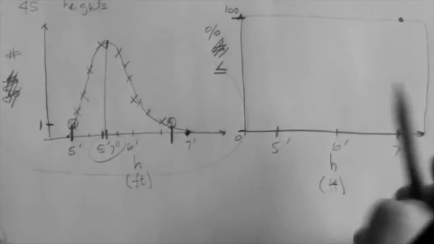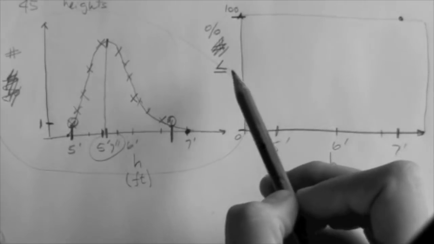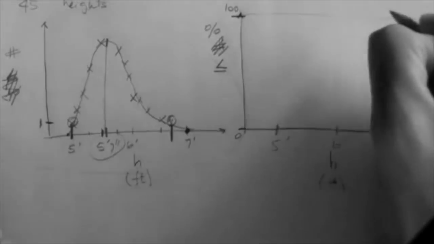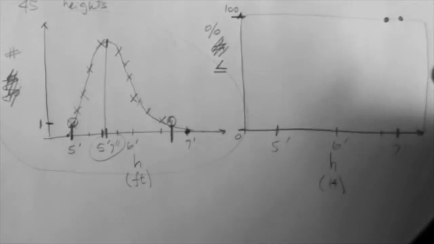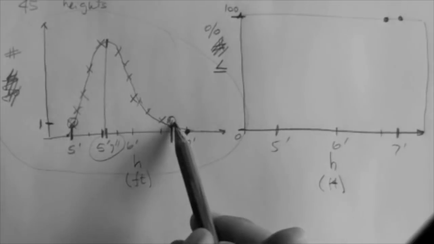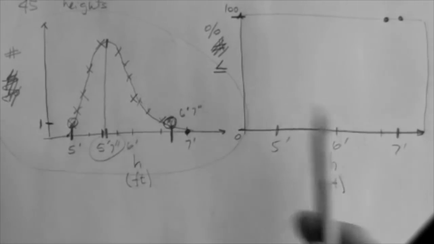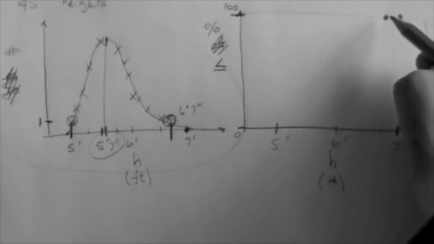What about 6'10"? What is the percentage of the class that has a height smaller than 6'10"? 100%. Everybody is smaller than 6'10". The tallest person is 6'7". That's taller than Michael Jordan, but that's fine.